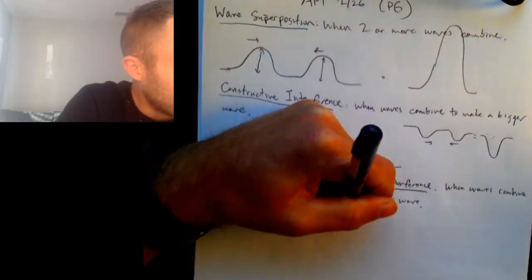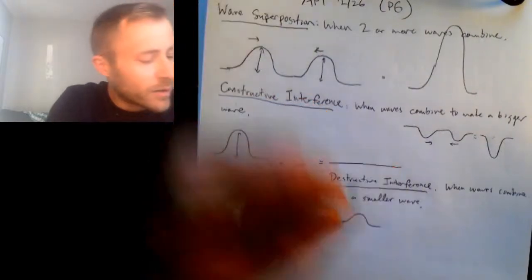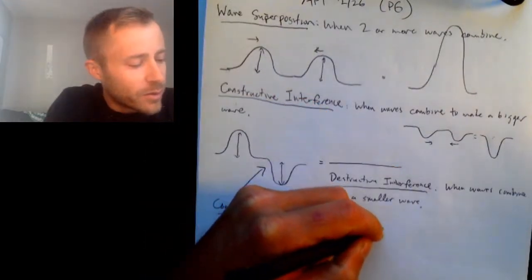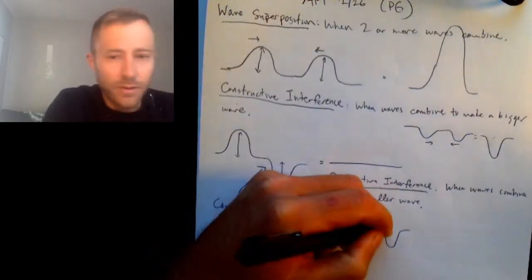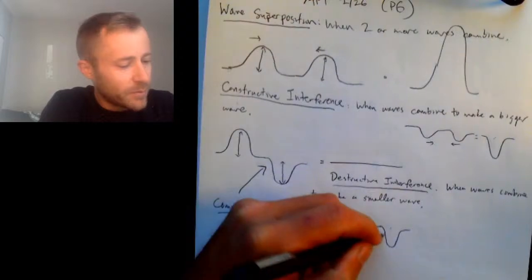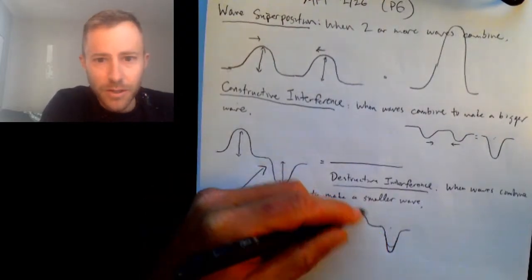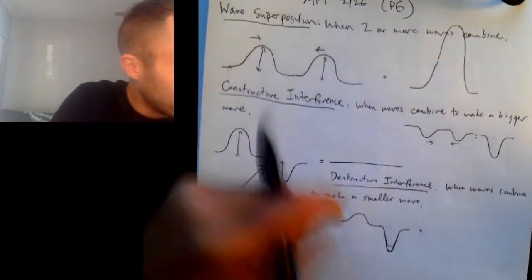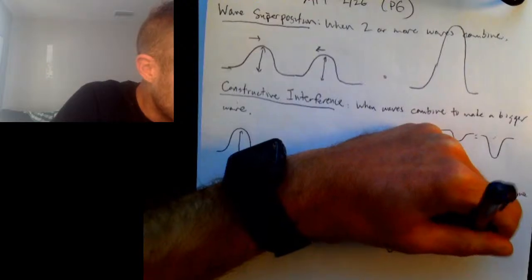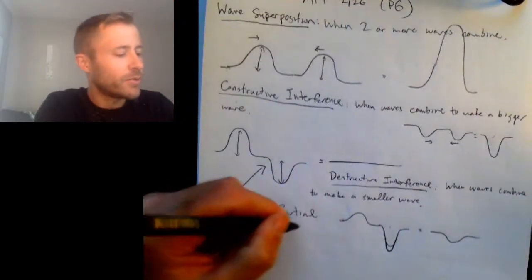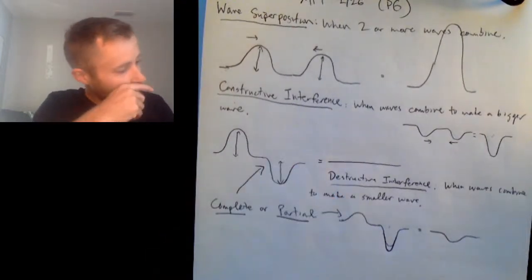Then you won't have it cancel out completely. So maybe you have this wave combine with this wave. So the dip, I'll make it more extreme. The dip is bigger than the peak, and so they would combine to reduce the size, and it would just be like a littler dip. Okay, so this is an example of partially destructive interference. All right.